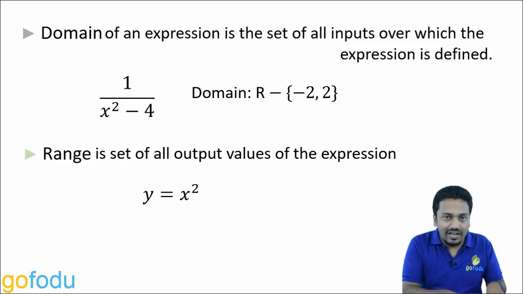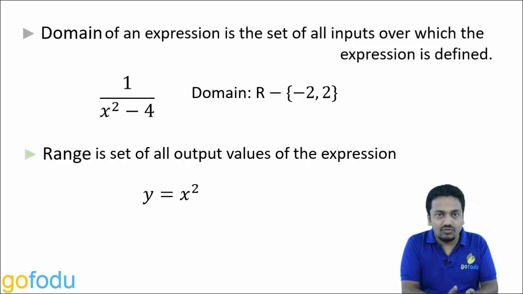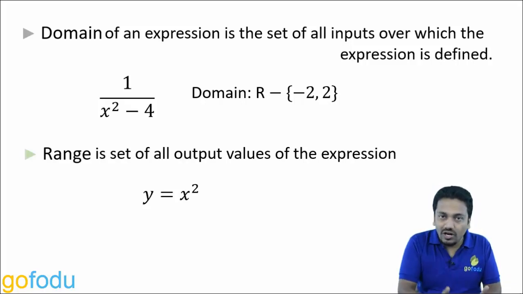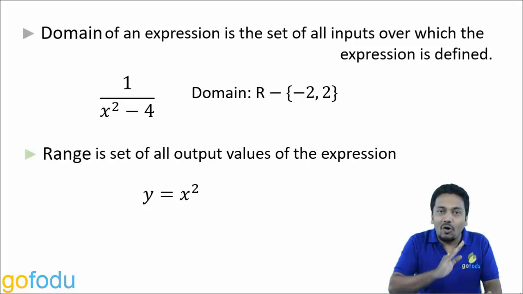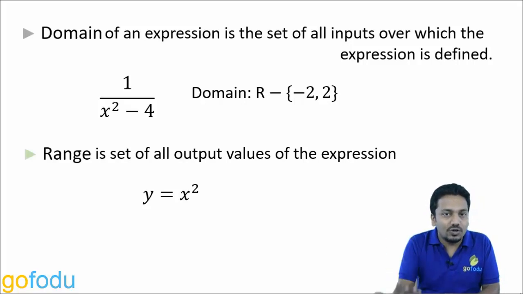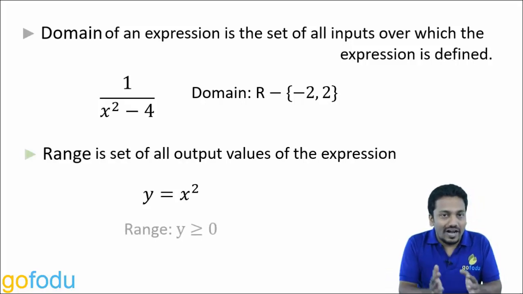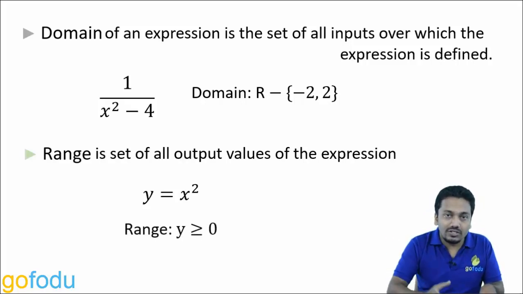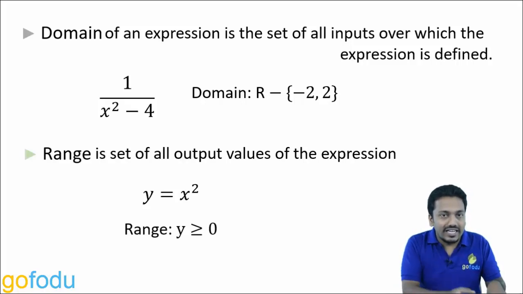We can put negative values as well as positive values in x square. So, domain is all real values of x. And the range of y will be all the outputs that we can get on putting different values of x. So, the x square value is always going to be non-negative. So, range would be all the non-negative numbers. We'll be talking about domain and range in the functions chapter in detail.